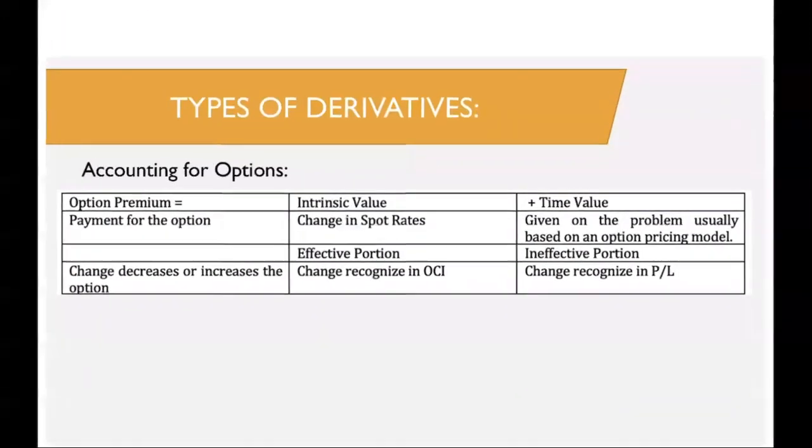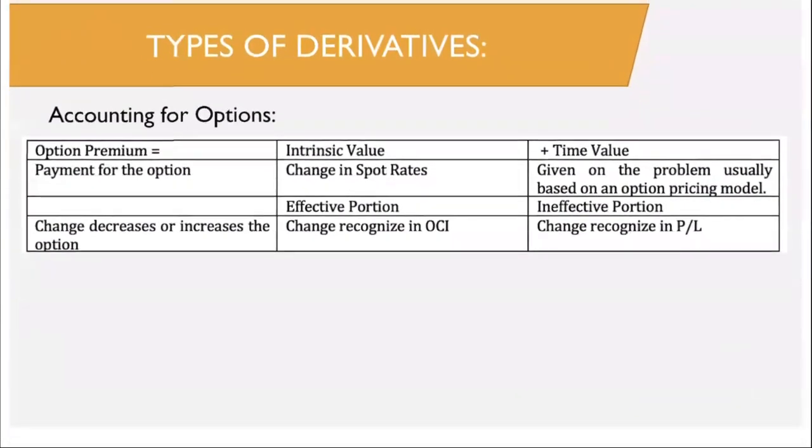So how do we account for your options? For accounting for options, the option premium is equal to your intrinsic value plus your time value. Normally, your option premium is equal to your fair value. Your time value, normally it is given on the problem. If it's not given on your problem, your time value is equal to your option premium less your intrinsic value.